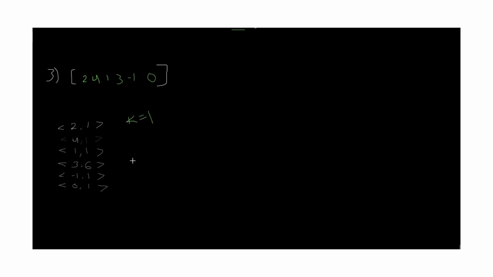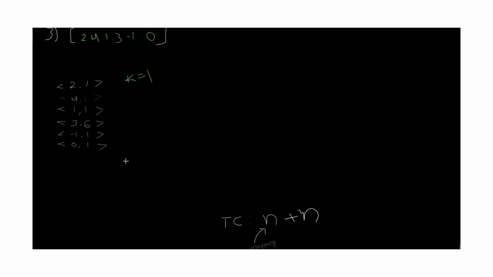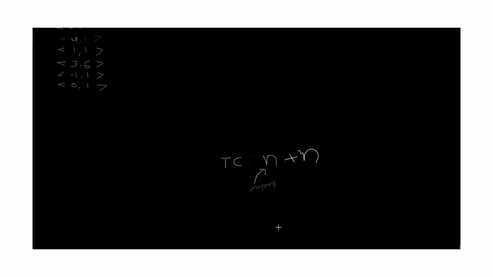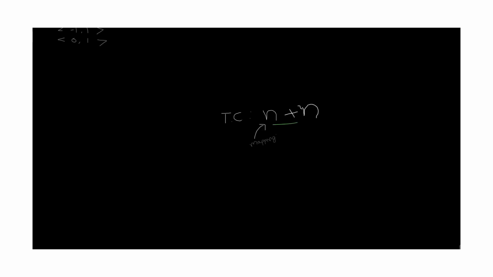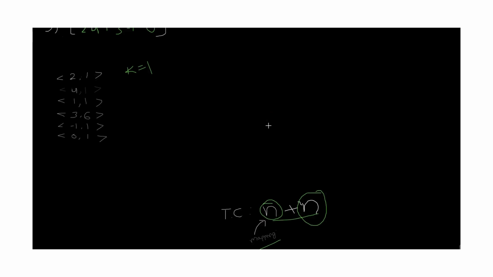The time complexity by using the hash map is n plus n. Here, n will be taken by the hash map to insert all the elements, and the other n will be for k. So without any delay, let me write the code for that.